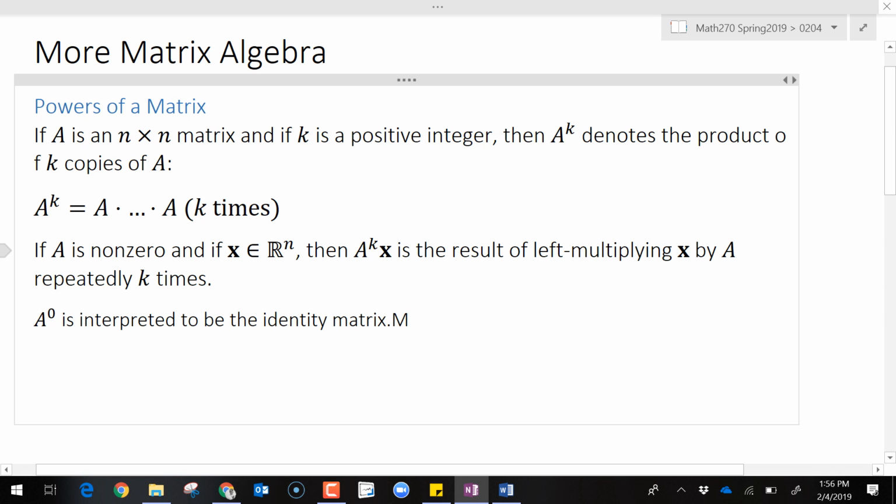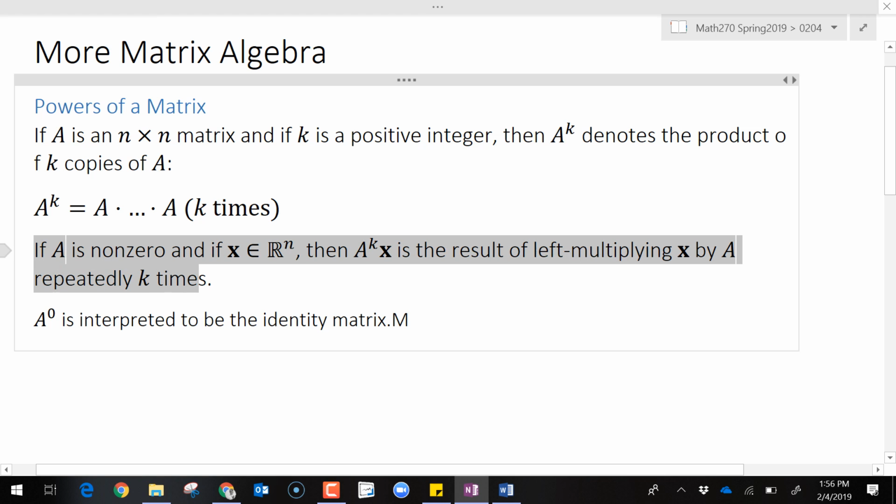Now the other aspect is that we're going to be having these matrices being multiplied with a vector, a column matrix that represents a vector. So if A is a non-zero matrix and X is some vector in Rn, then A^k times X is a result of left multiplying X by A k times.